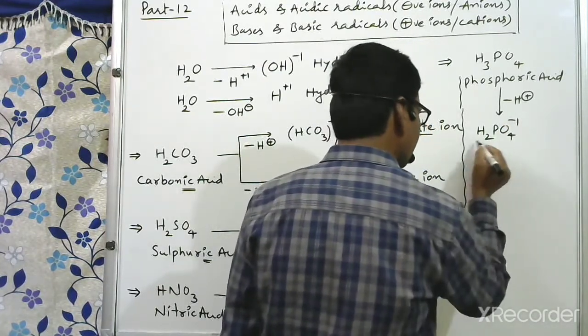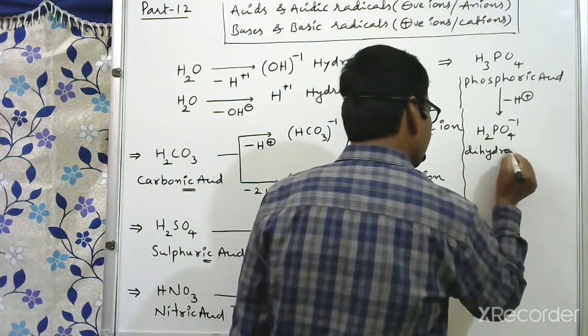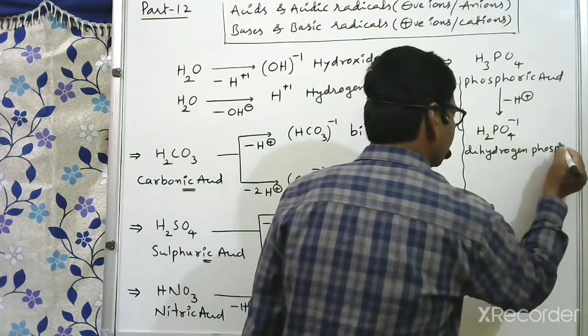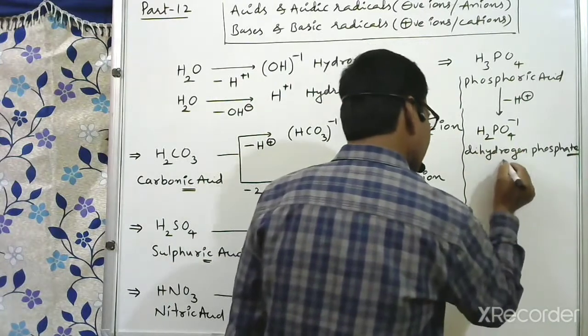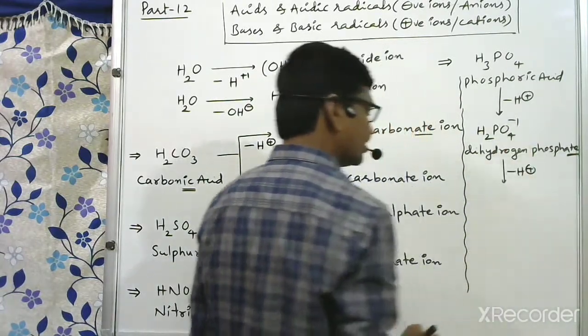How many hydrogens are there? Two. So we can say it is dihydrogen phosphate, ate ending. Again from this, if you remove one more hydrogen, H plus ion, already one minus charge is there.